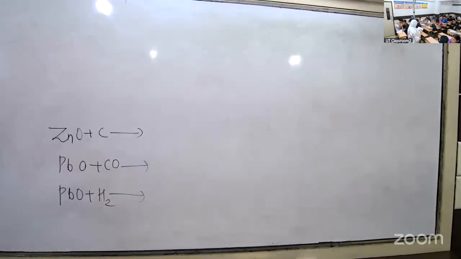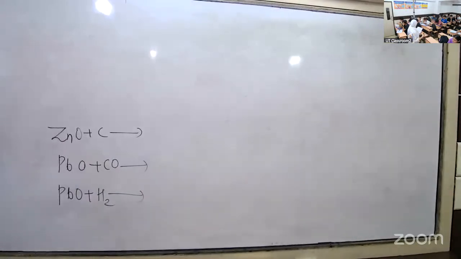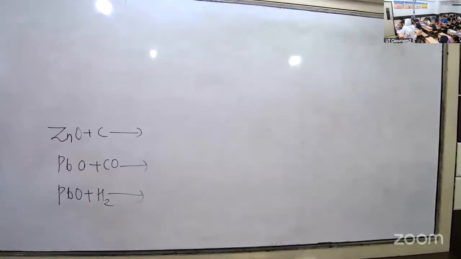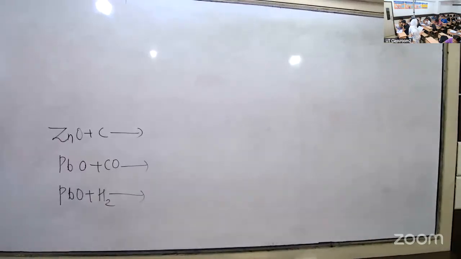Second one, PbO plus CO, the second reducing agent. Again the products are Pb with CO2 gas. Pb metal is separated here. Then the third one, PbO with hydrogen. Products are Pb plus H2O. Again, metal is separated.